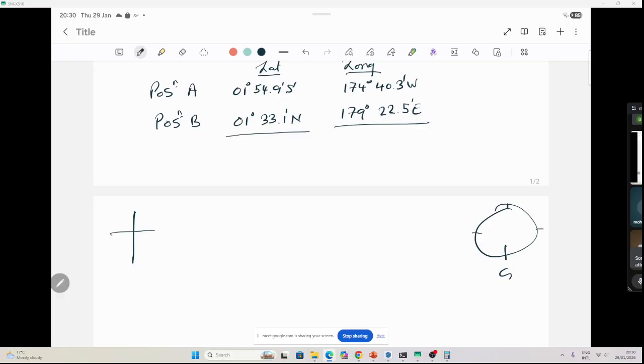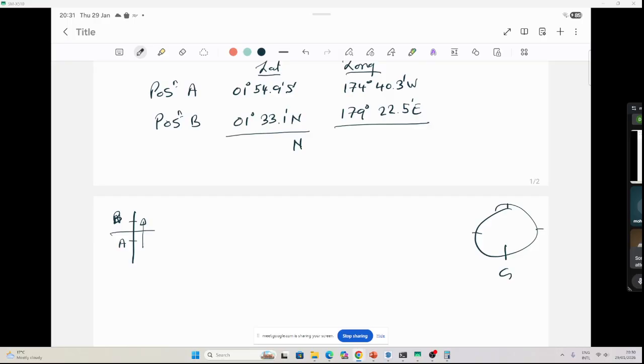So you can see position A. Position A is on south, right? Position B, the latitude is on north. So A to B here, you're navigating towards north. Are we clear?